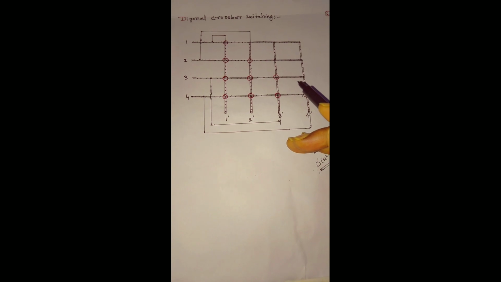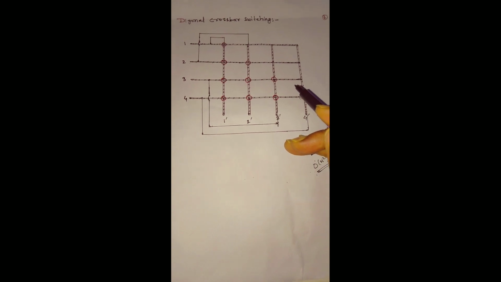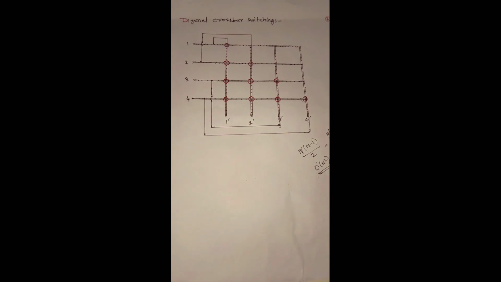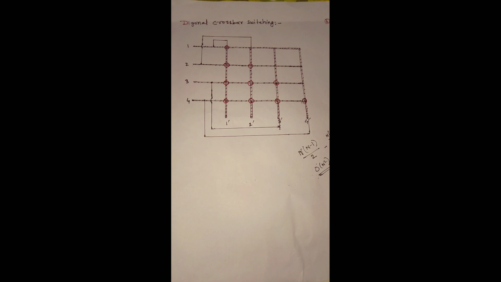The problem with this crossbar switching is basically, again, if you implement this for a large network, that means any exchange having a huge number of subscribers, to implement this type of switching system is very difficult, and to maintain all the connections is very difficult again. Fine.